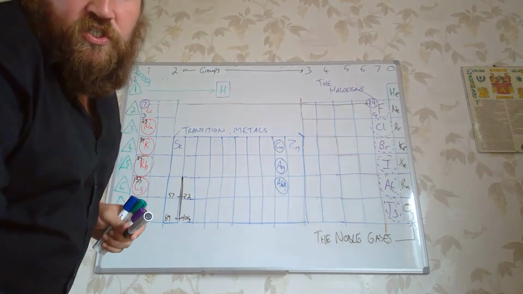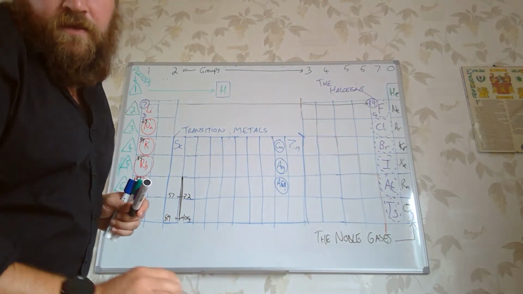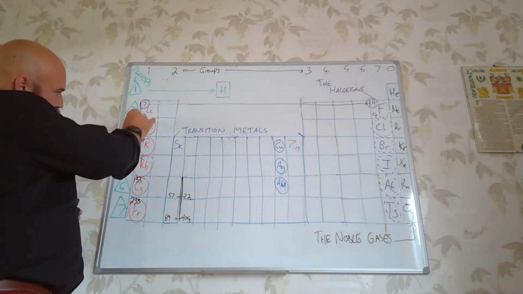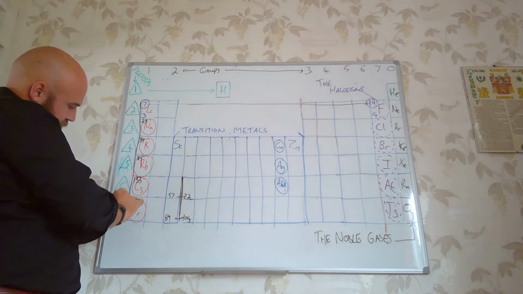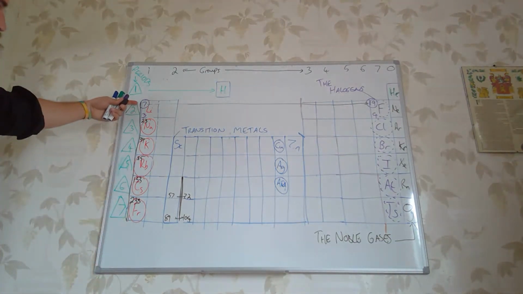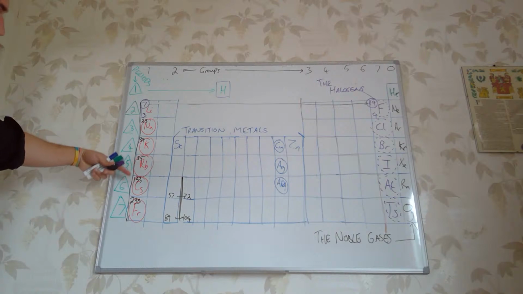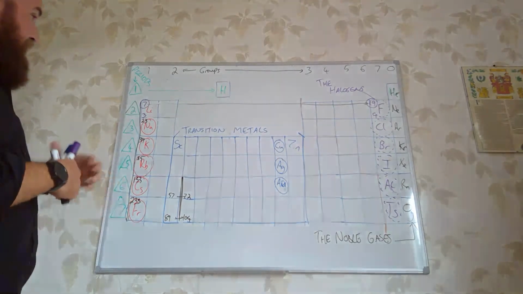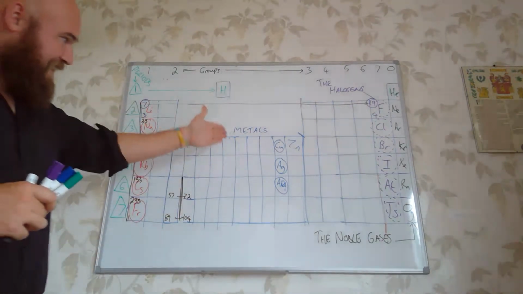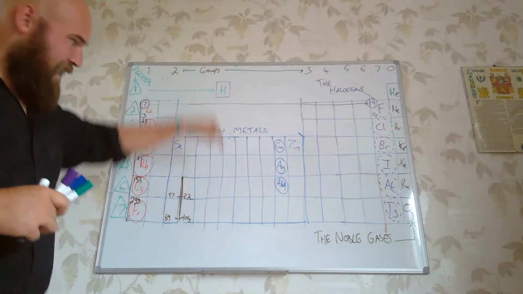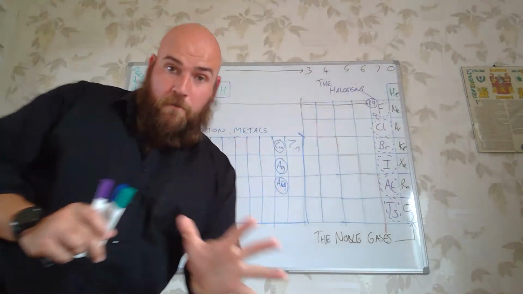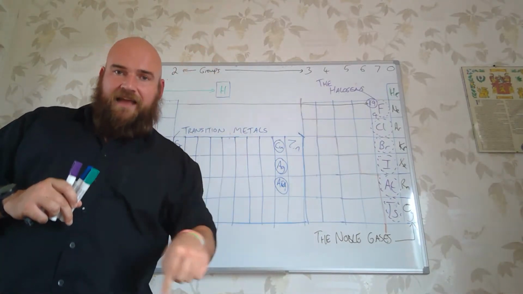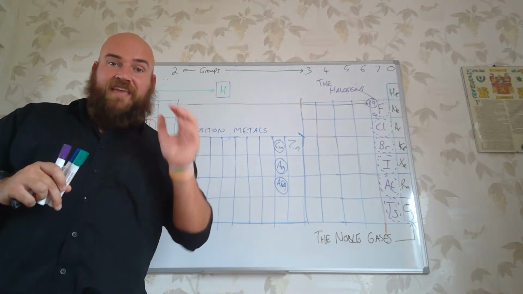So if we just focus on those red ones for a second, as we go down this group here, the top numbers, the masses, sorry, are getting bigger. So the atoms are getting heavier. And we can do the same for any group. If you go down any group, even these in the middle, the transition metals, hopefully, fingers crossed, you see the same pattern. So as you go down the group, the atoms are getting heavier.